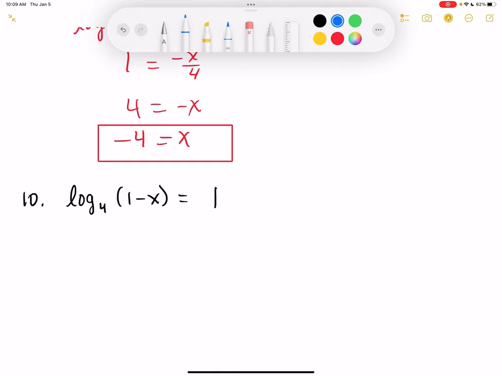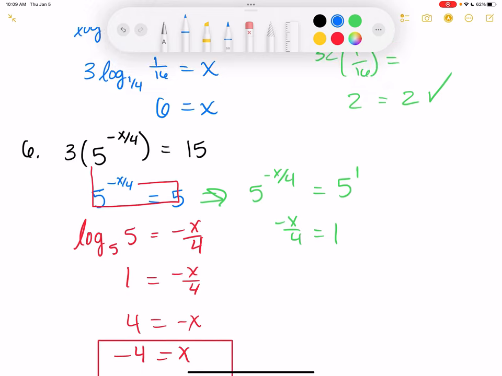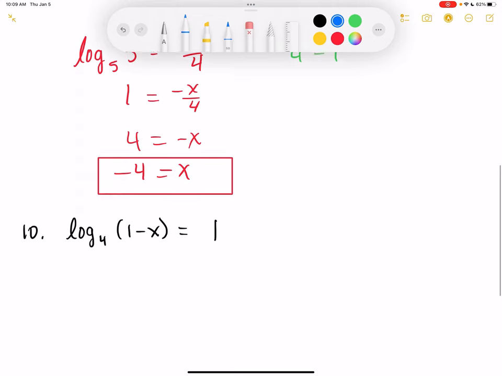The variables are different, so it's not going to help. So when we had an exponential, we used a log to undo it. Oh, so we do it the other way. We use the e.